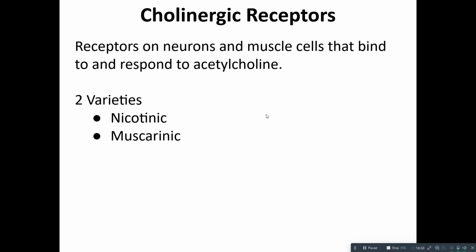Now, the acetylcholine released by those neurons has got to bind to a particular receptor to exert an effect. And the receptors that bind to acetylcholine are known as cholinergic receptors. And there are actually two varieties of cholinergic receptors. One is called nicotinic and the other is called muscarinic.